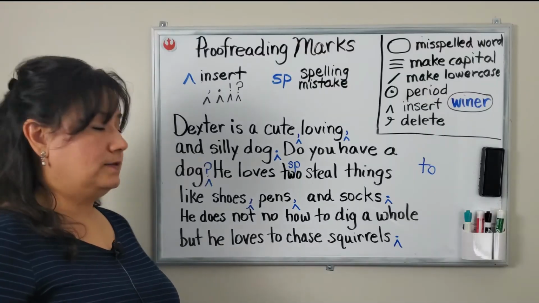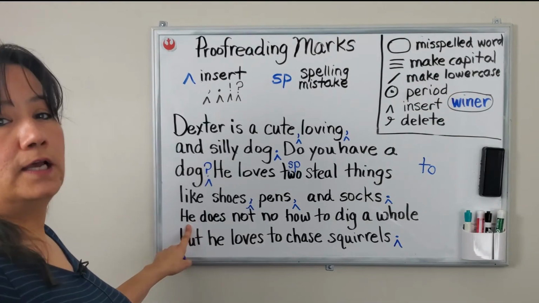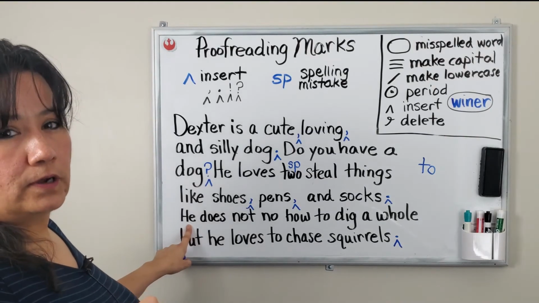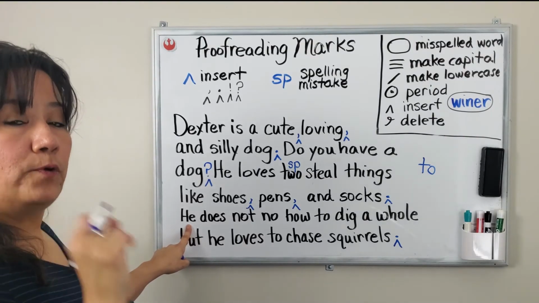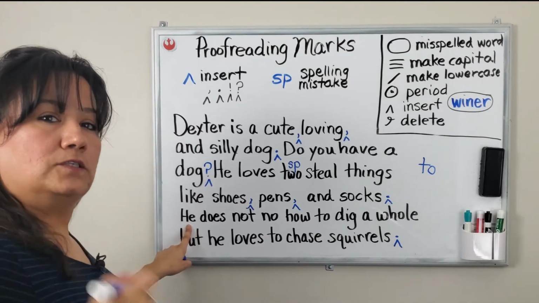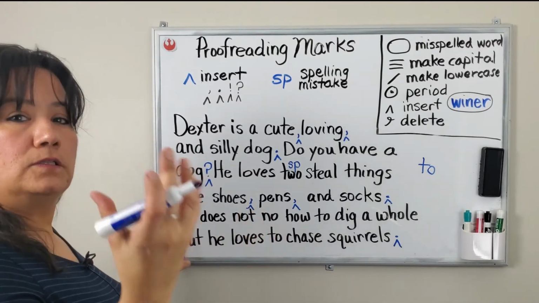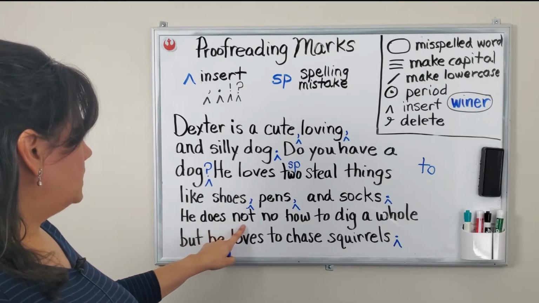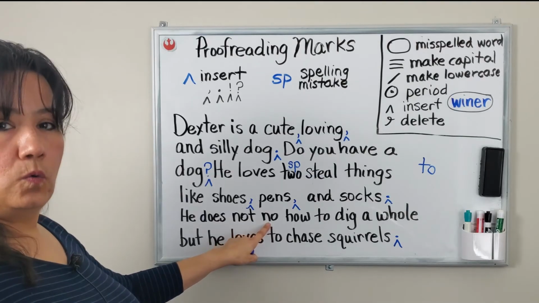Now, there's some spelling mistakes, and of course, sometimes we need to look at each and every word and actually put our finger on it so that our brain can stop and actually look at that word. Our brain is going so fast that we have to slow it down sometimes. He does not know.